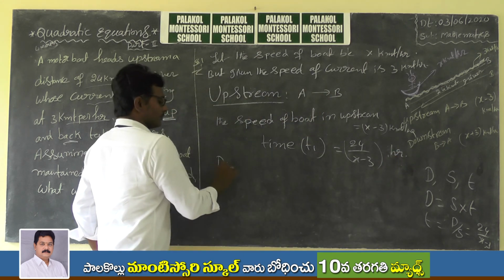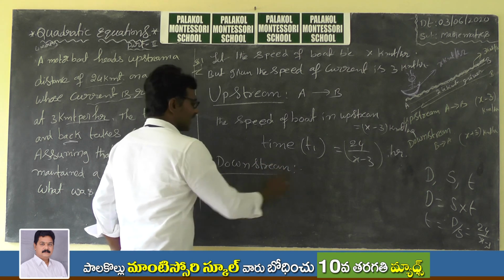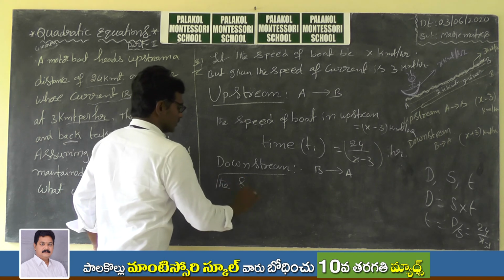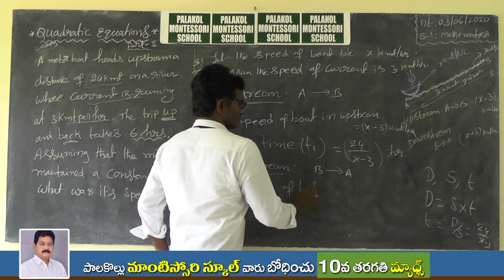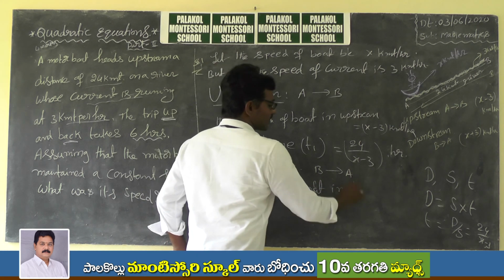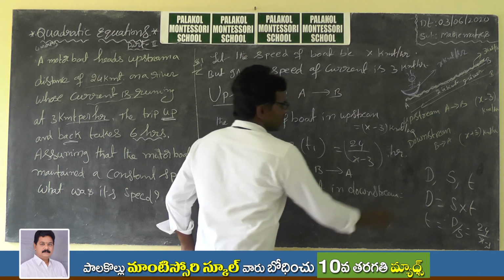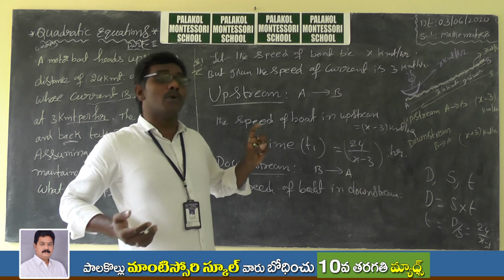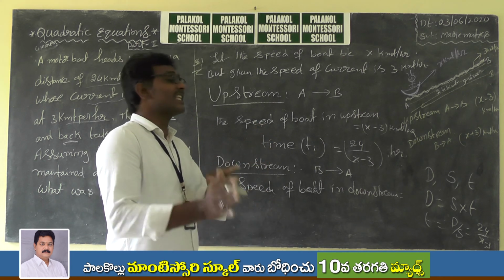Like downstream, that means B to A. The speed of the boat in downstream is equal to, downstream means definitely the current speed supports the boat speed, so definitely the boat speed increases.